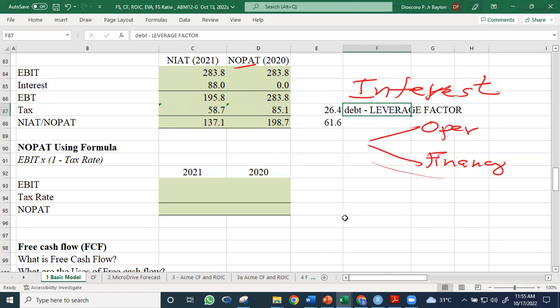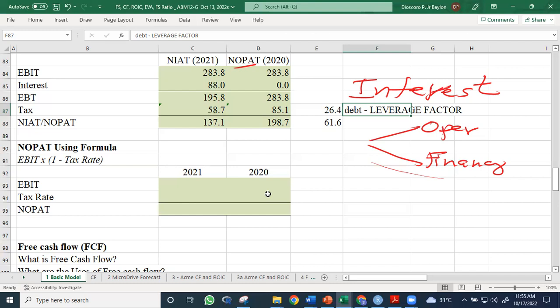Okay? Napapaangat niya yung profit in the sense that binabawasan niya yung taxable income ng company. And therefore, mababawasan yung tax. So nagkakaroon ng tax savings because of the use of debt. Okay? Kasi yung debt, it will generate interest expense. Yung interest expense deductible as far as tax purposes is concerned. No?